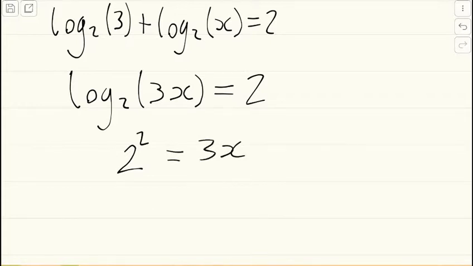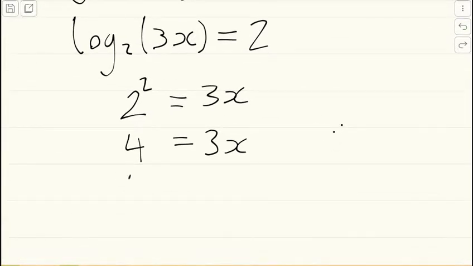And then, of course, 2 to the power of 2 is equal to 4, and that's equal to 3x. So then that means that 4 over 3 is equal to x.